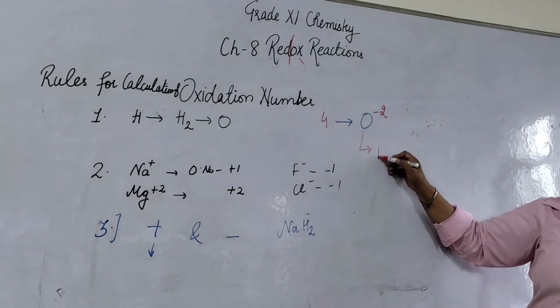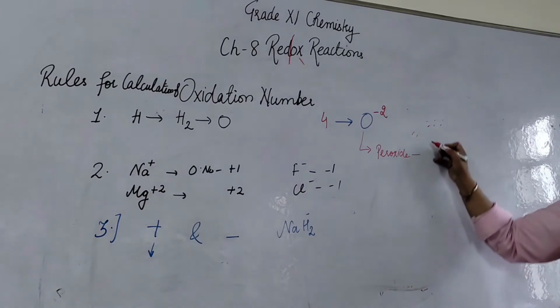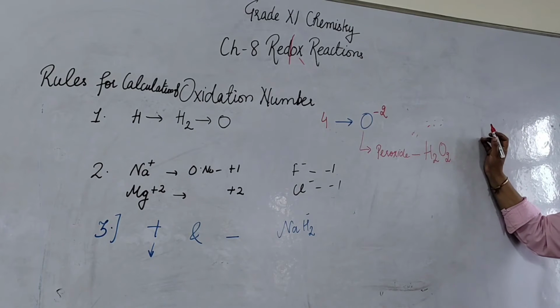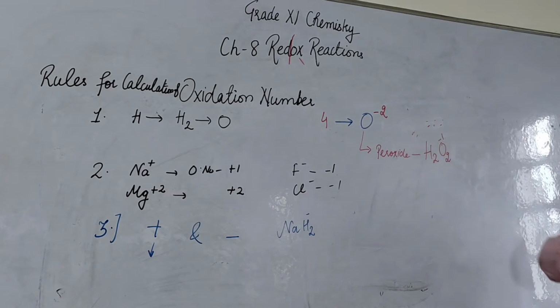Like in peroxide, H2O2, remember this, the oxidation number of oxygen is -1.